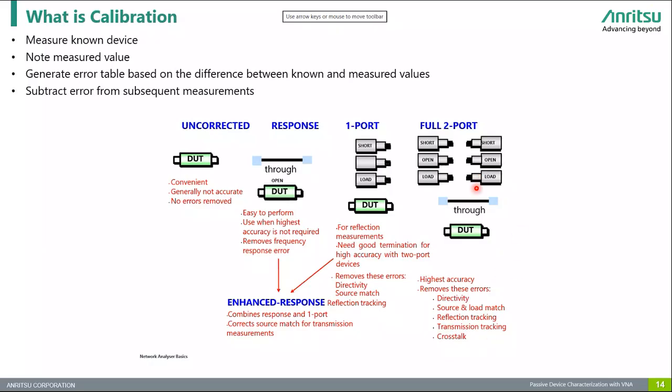It's ideal for precise S-parameter measurements. Choosing the right calibration method depends on your application, required accuracy, and available standards. But in all cases, calibration is essential for trustworthy and repeatable measurements.